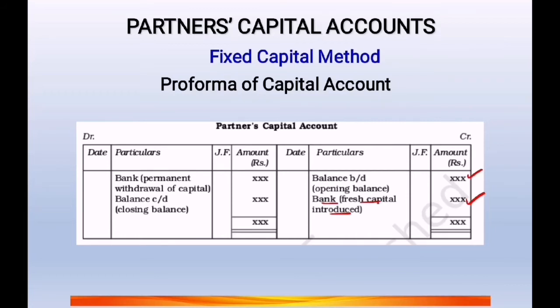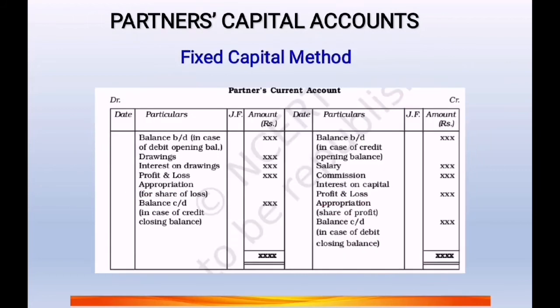If the partner withdraws some capital permanently, then it will be charged from the partner's capital and the entry will be partner's capital account debit to bank account, and finally we will be able to find out the closing balance of the partner's capital account. The rest of all the items, whatever is to be given to the partner or charged from the partner, are shown in the partner's current account.